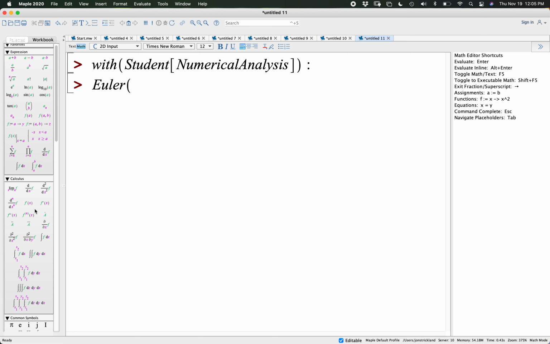So the differential equation: d over dx of y of x equal to x squared plus y squared. Again, we have y naught is equal to 1.